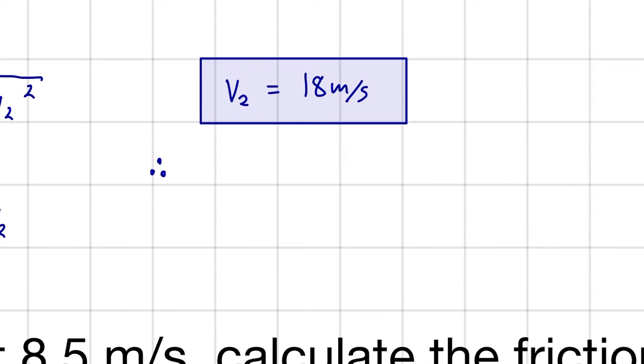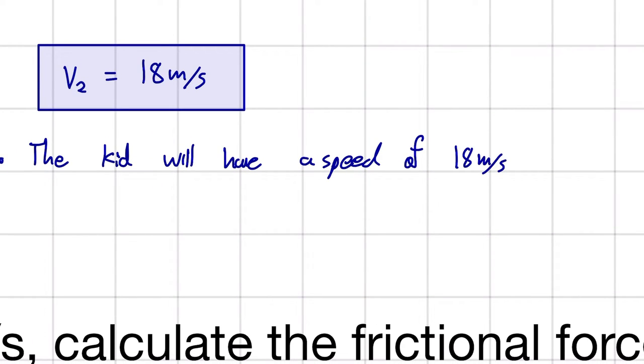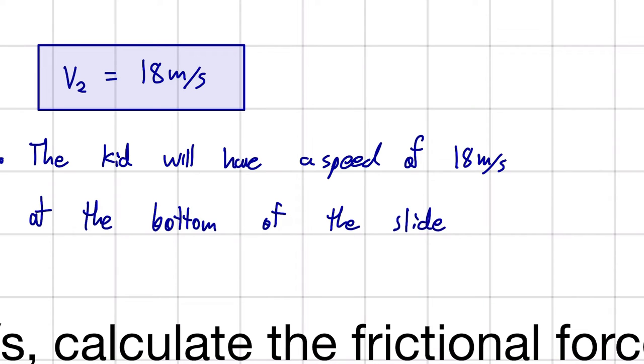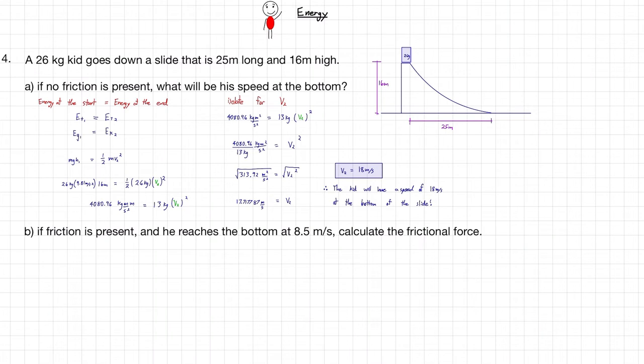So therefore, the kid will have a speed of 18 meters per second at the bottom of the slide. And that's all for part A.